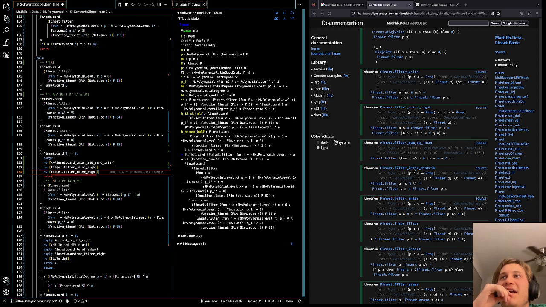Okay, so for one thing, this is hilarious because we have filter union, and the analogous thing for inter should be filter inter, but it's not written that way, right? These two lemmas are analogous, but their names are not analogous.